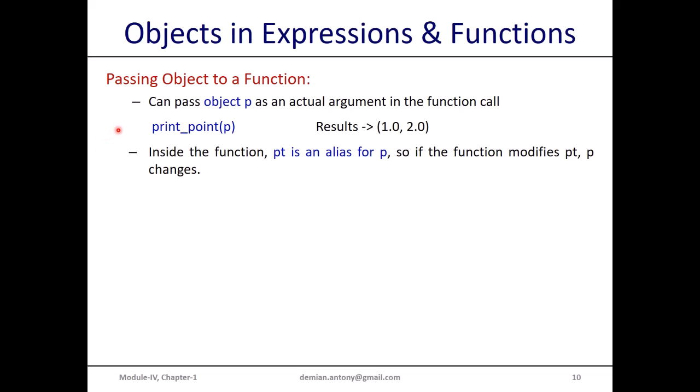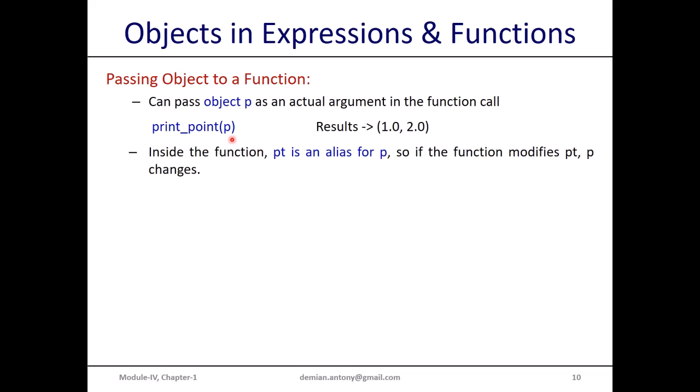And how to call this same function? We have to create the object p somewhere in the main, and then pass this object p to the function print point.